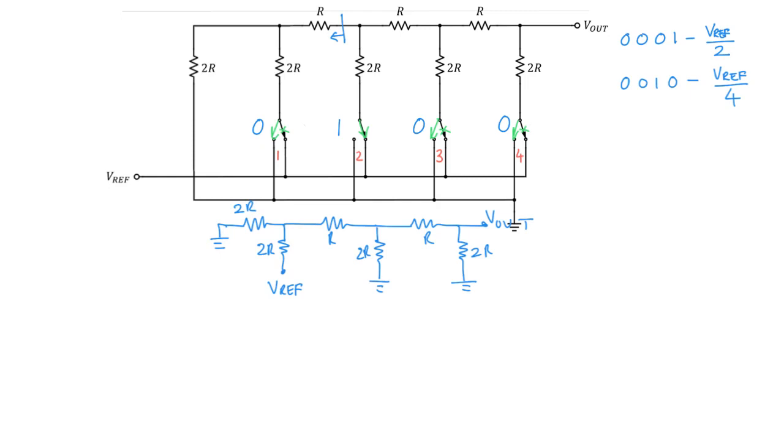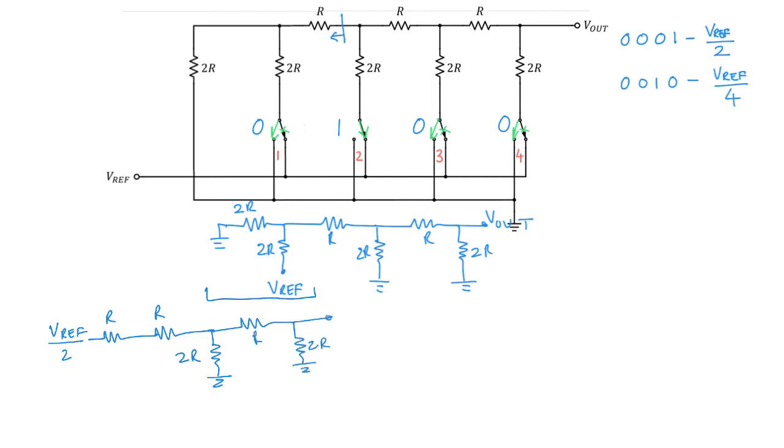Now we can replace this part of the circuit with its Thevenin equivalent, and what we get is a voltage of V ref over 2, a resistance of R connected in series with R, and then there's a 2R connected to ground, another R, another 2R, and then you have a V out here.